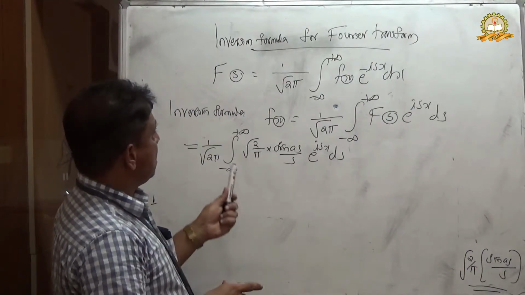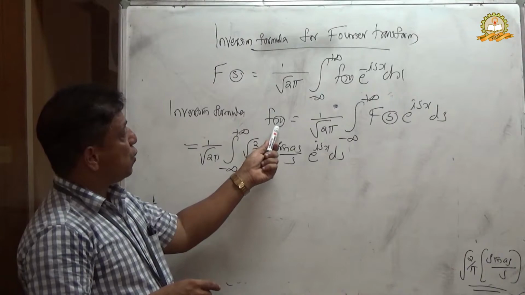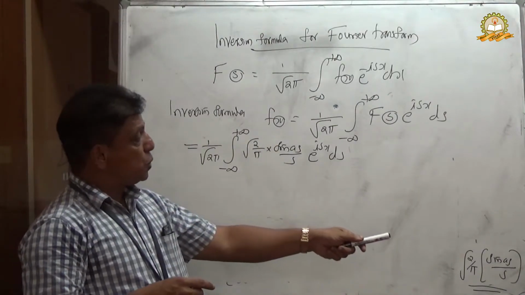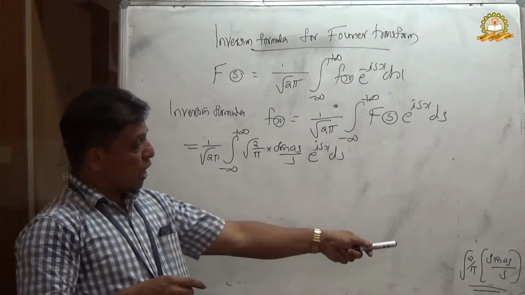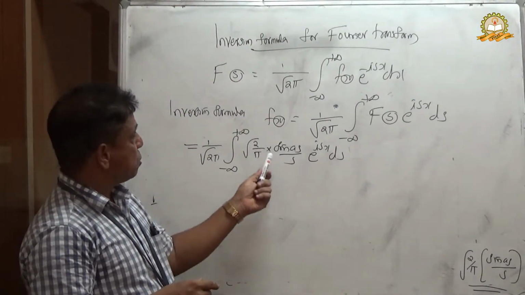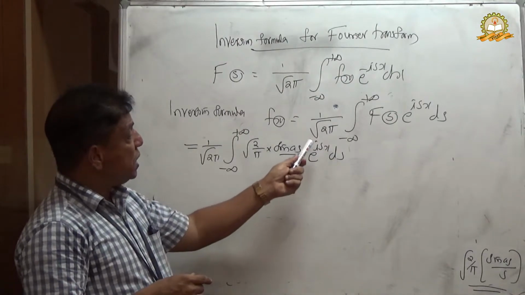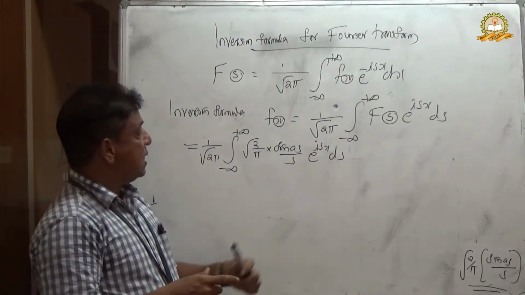In the case of the inversion formula, you have to find the original function f of x. We first substitute the Fourier transform, which we already found: root of 2 by pi sin as by s. We substitute root of 2 by pi into sin as by s into e raised to isx ds.